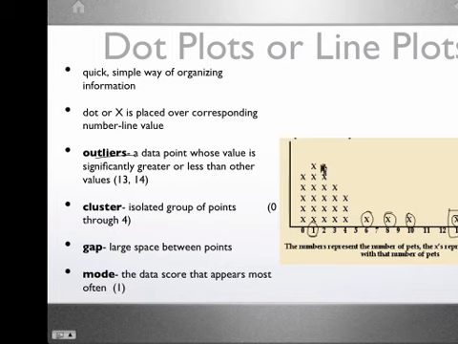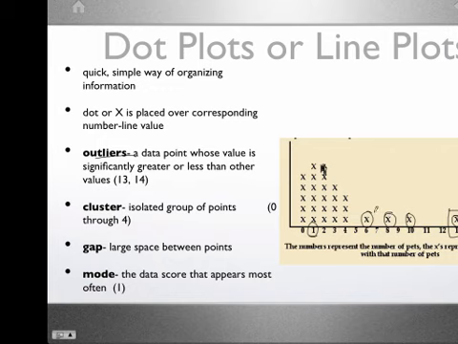Now later on in the PowerPoint, I'll explain there's an actual formula that you can use to determine whether or not something is an outlier, but as a general rule, oftentimes you can eyeball it and just look at this type of display, and determine that these are far enough away that they are significantly greater than the rest of the data points.